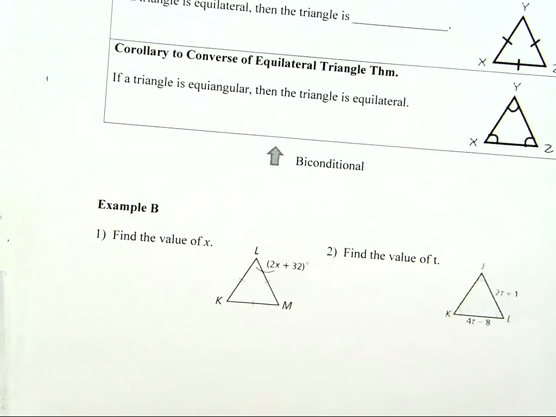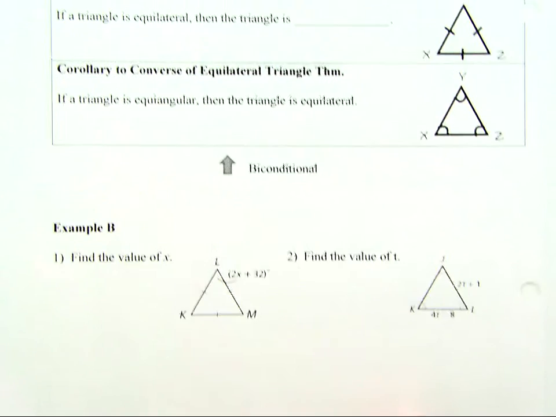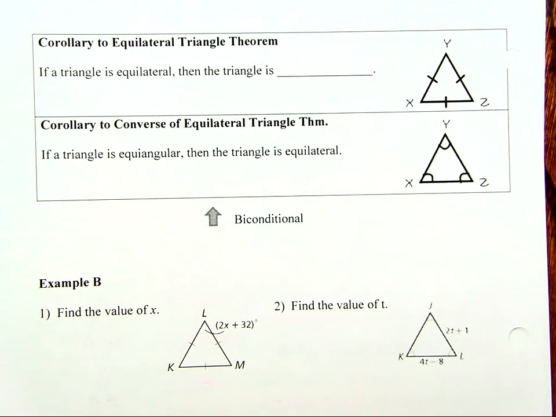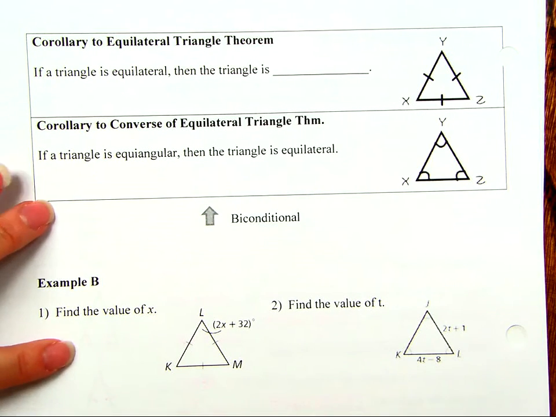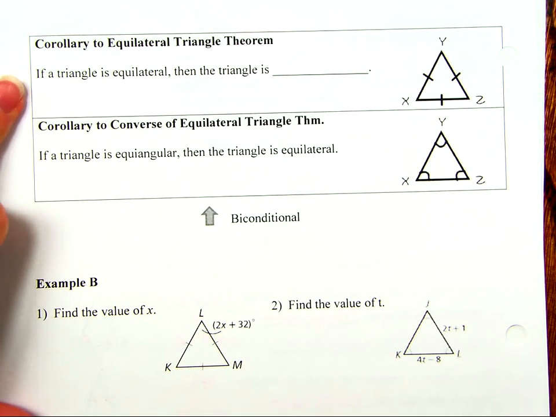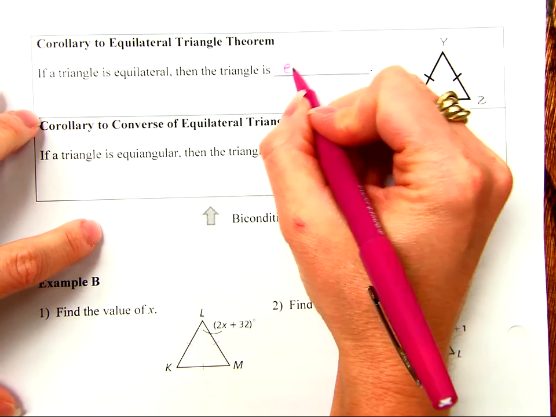Flipping our note sheet over, on the back side we're going to be talking about our equilateral triangle, and we have a couple corollaries at the top. It says that if a triangle is equilateral, then my triangle is equiangular.